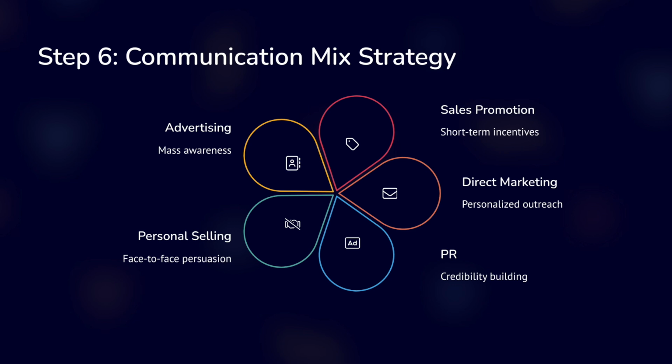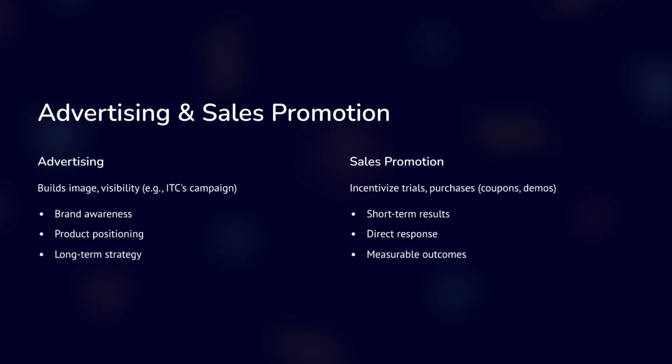Marketers must thoroughly understand these characteristics to select the most suitable and effective tool or combination of tools for their rural campaigns. Let's look at some key elements of the communication mix. First, advertising, which is a prominent and highly visible form of communication.